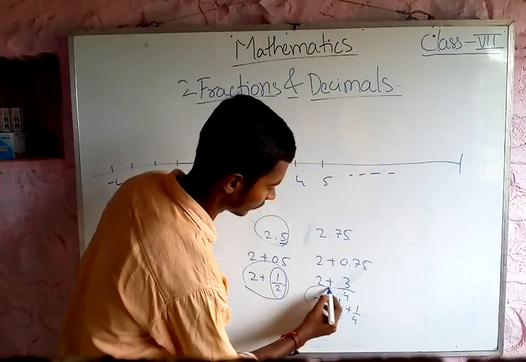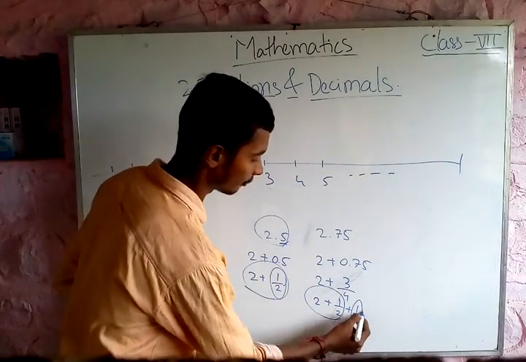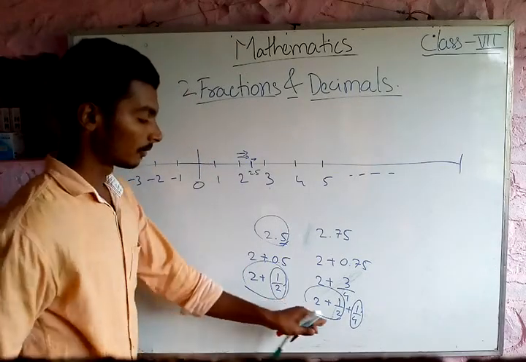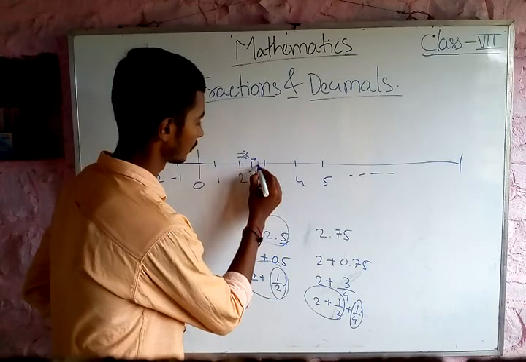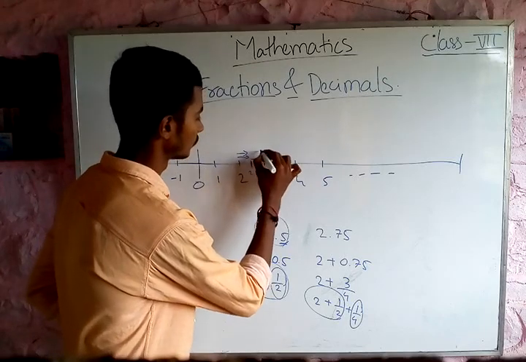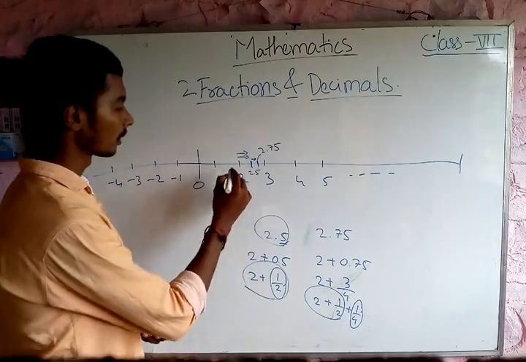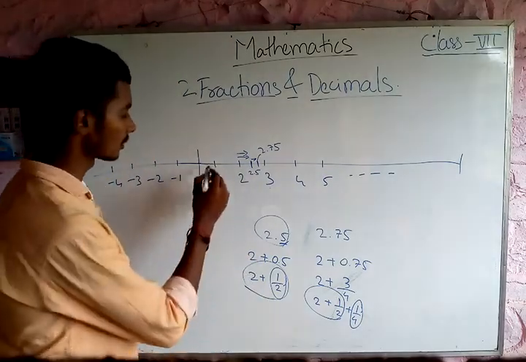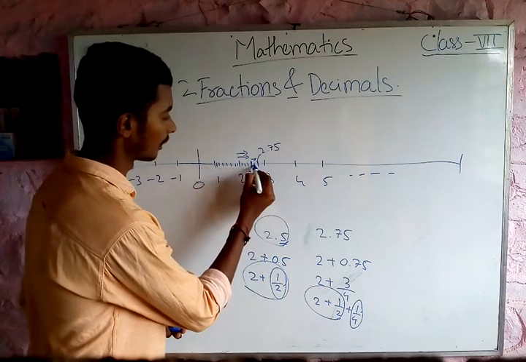Now see here, this is 2.5, and by 1 by 4th amount it is more than 2.5, so it will be somewhere here, 2.75. In the same way, decimal numbers are represented on a number line like this.